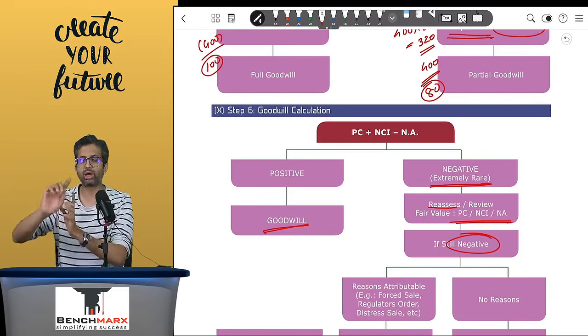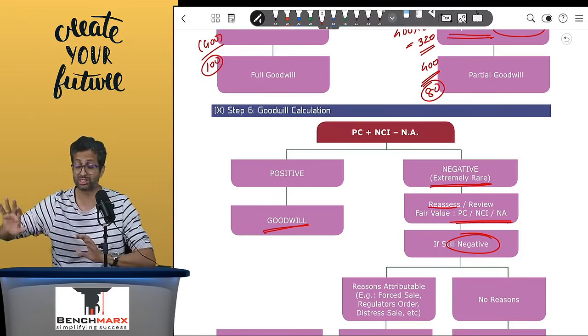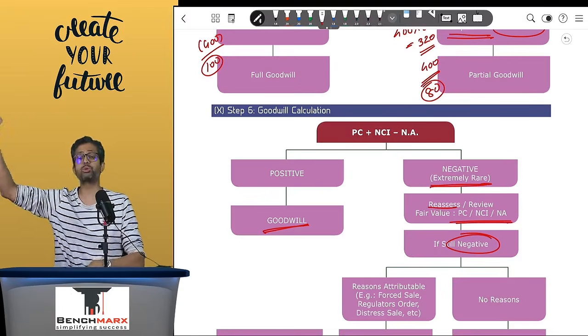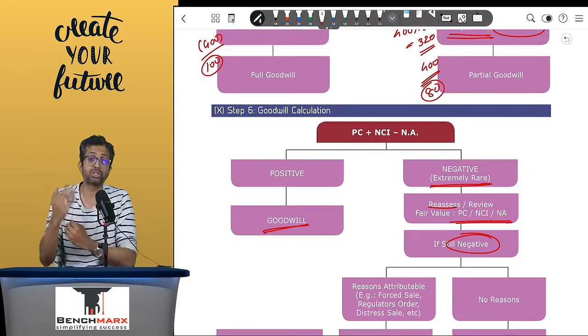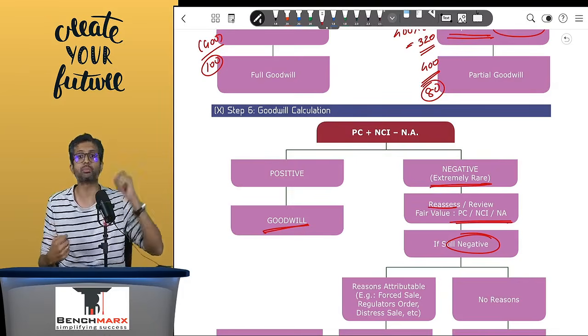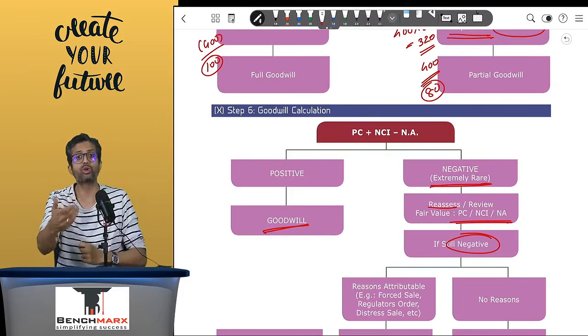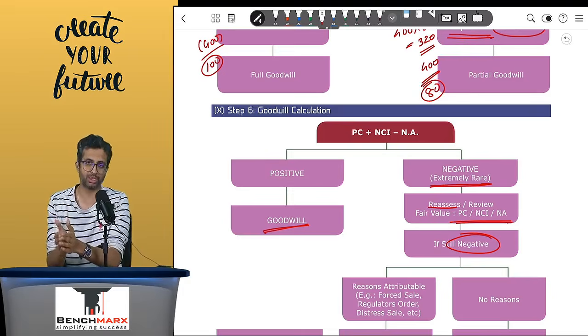But then that gain on bargain purchase will not be shown as a separate line item like fair value reserve, revaluation reserve. It will not be shown as a separate line item. That gain on bargain purchase will be accumulated ultimately along with capital reserve only. But a reader, when he looks at the financial statements, remember you're doing financial reporting, will see that, okay, during the year a bargain was struck. But that you can do only if you're confident enough. That is, you can see that there's a reason why this deal is happening at a cheaper price.